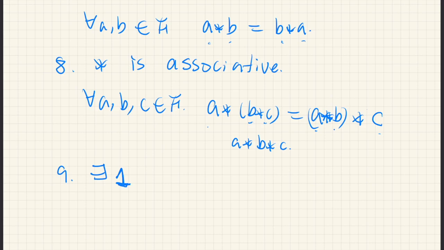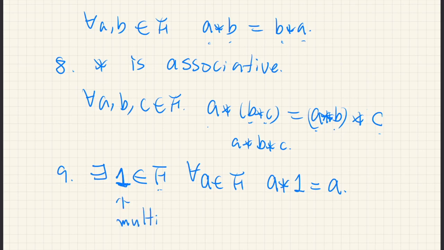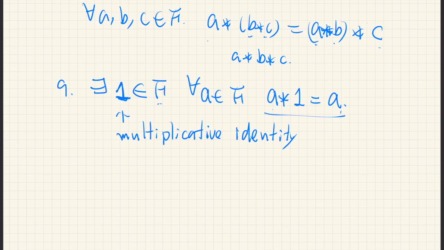This is just a symbol that represents a special element of F such that for any element A of F, A times 1 is equal to A. So multiplication by the multiplicative identity doesn't change the element.